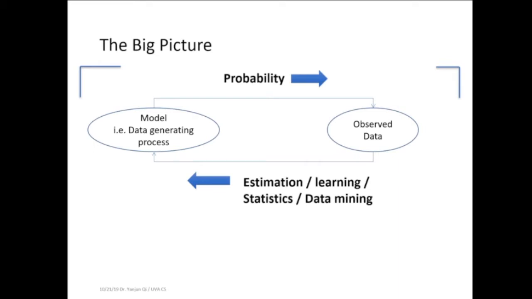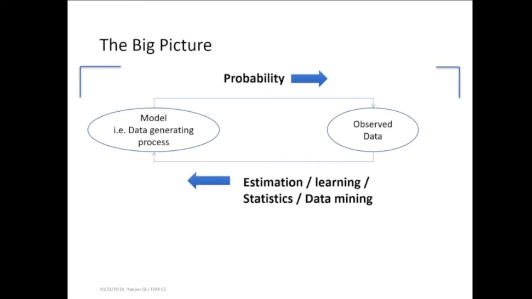This is the bigger picture of where all those concepts you normally learn sit. And inference or prediction is also from model to data. When we have a machine learning model and we're trying to predict something, it's not observed data; when you have a model, you try to predict on new data.